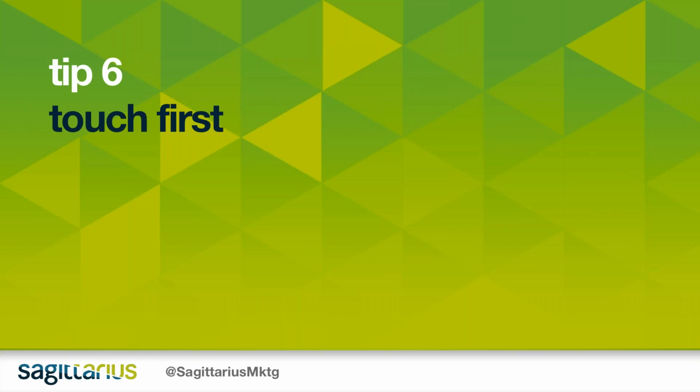Now, tip 6 is looking at touch first. Now, this might be a little bit controversial, but I think that we should be thinking potentially about adaptive rather than responsive. And what we seem to have forgotten is that our approach to mobile and touch is slightly different. We pick up interactions like text editing and try to retrofit mobile into it.